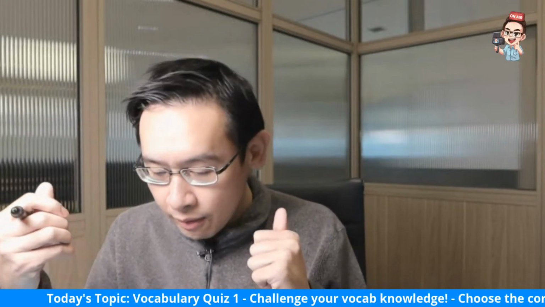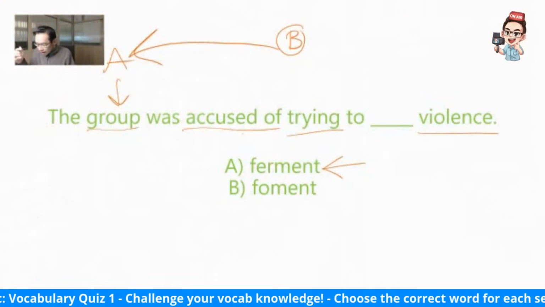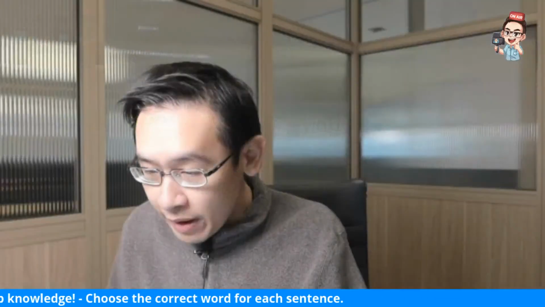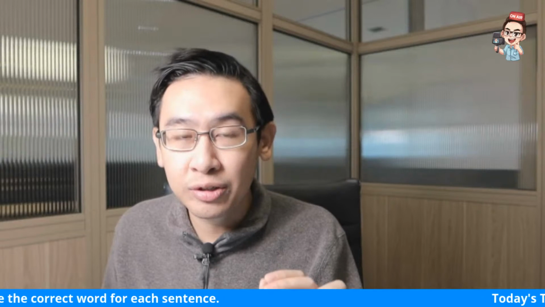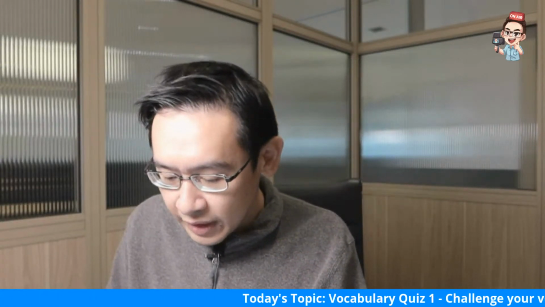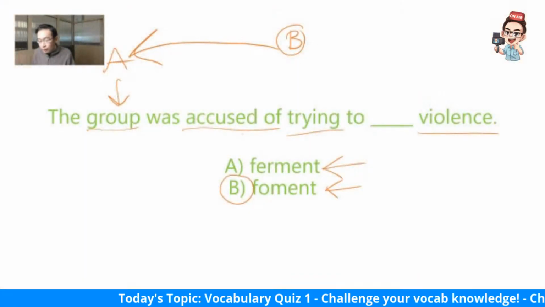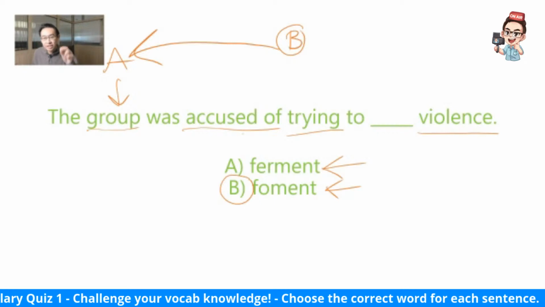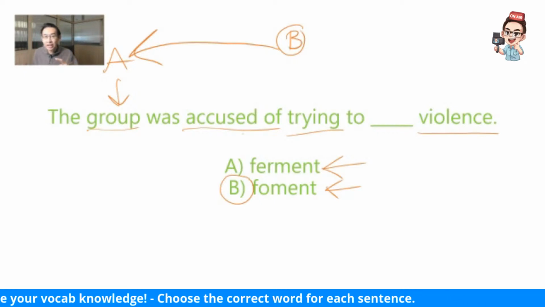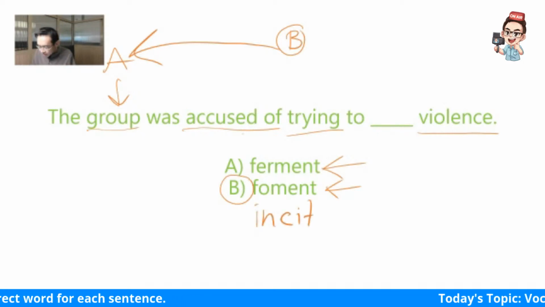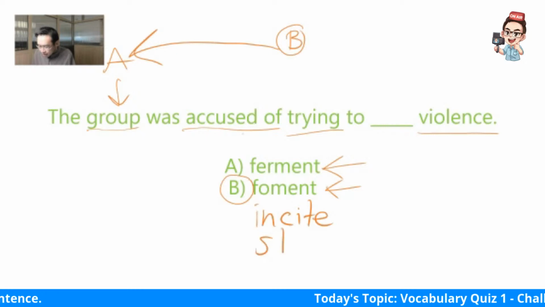What about foment? Foment means to incite or to start. So that's why the best answer for this one is B, foment, not ferment, because here we want to say that this group was charged with trying to incite, or to start, violence.